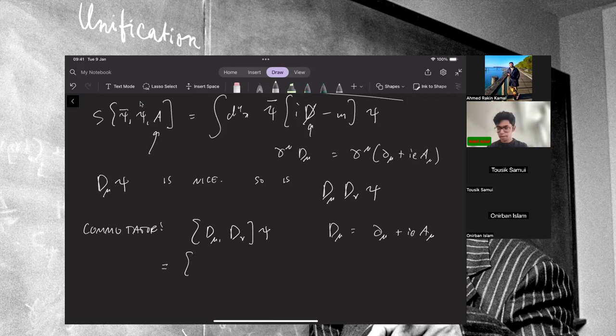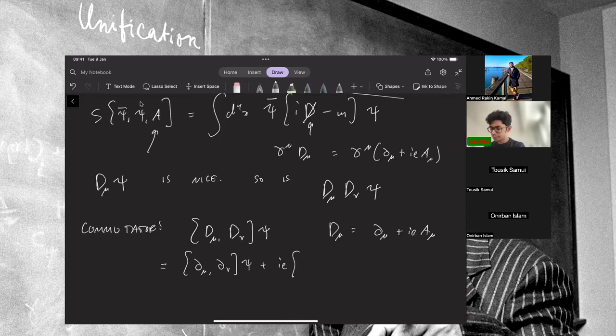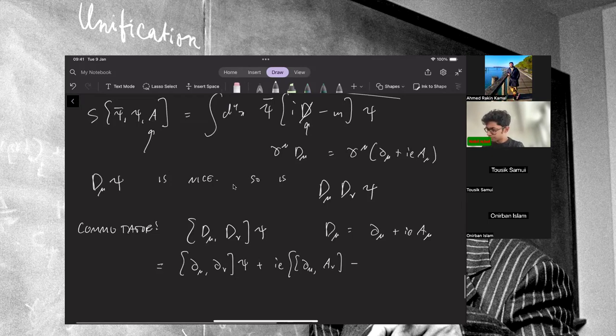Okay. So there's a term here which is the commutator of the partials, right? There's a term here which is i e times partial mu A nu minus partial nu A mu acting on psi.